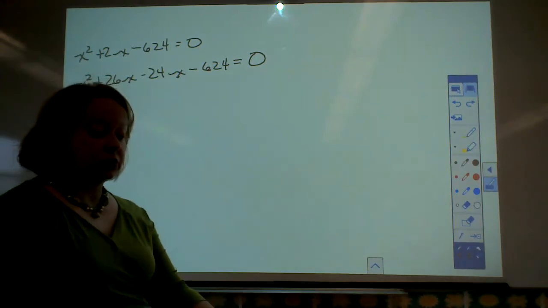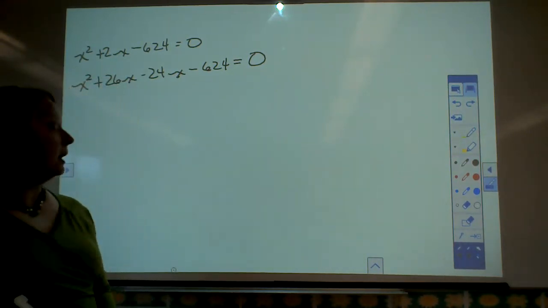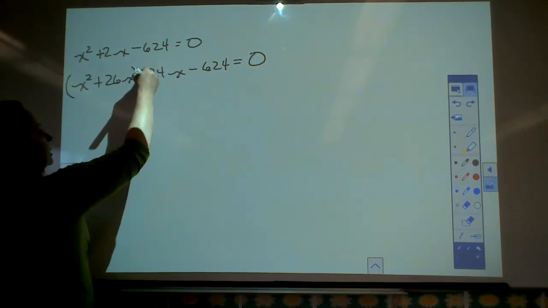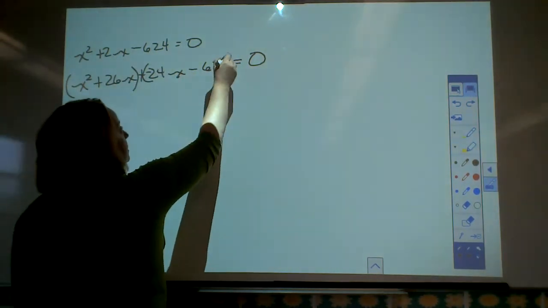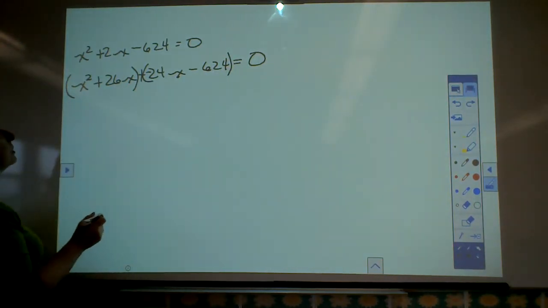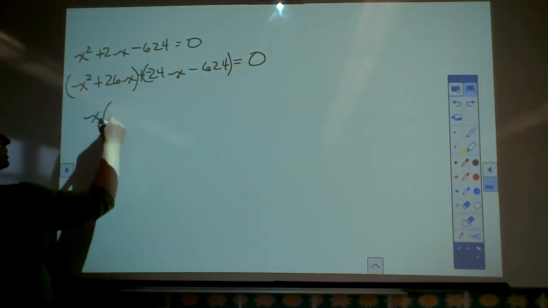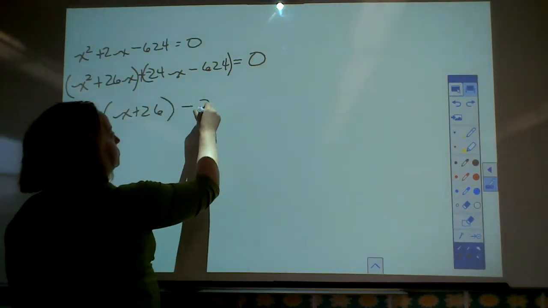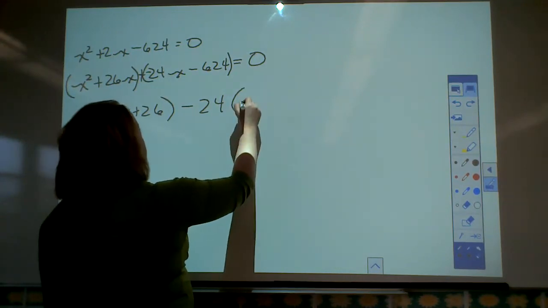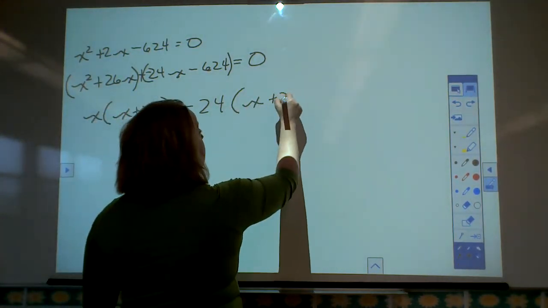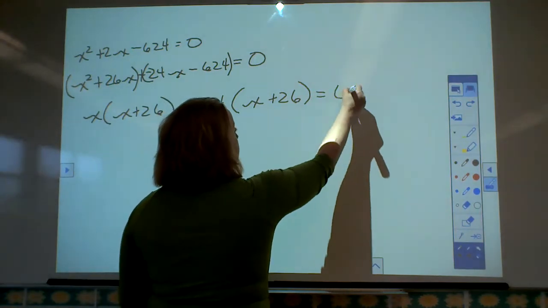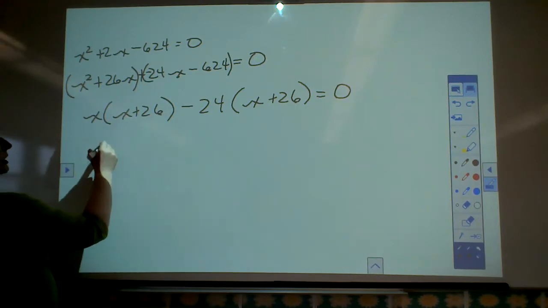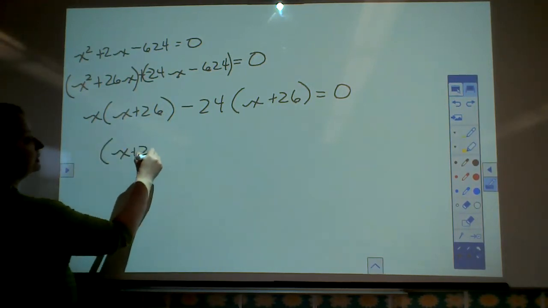And we're just going to work it out. We're going to group these first two. I'm going to change this to addition, make this a negative, and we're going to group the last two. So we're going to take out an x here. This is going to be x times (x plus 26). We're going to take out a negative 24, and it turns out to be x plus 26 inside, and it's equal to 0. And so the common factor is going to be the expression x plus 26.